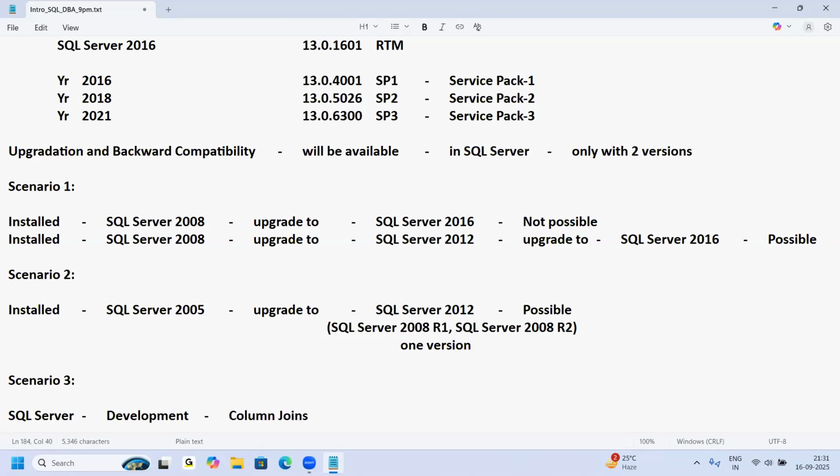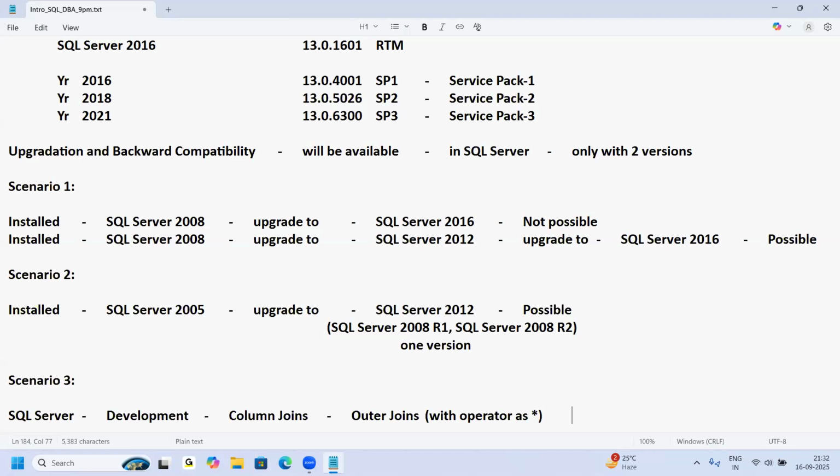Two types of joins will be there: row joins and column joins. This column joins has a topic called outer joins, and for outer joins we used to have support with an operator, and that operator used to be star. We used to call it the outer join operator.